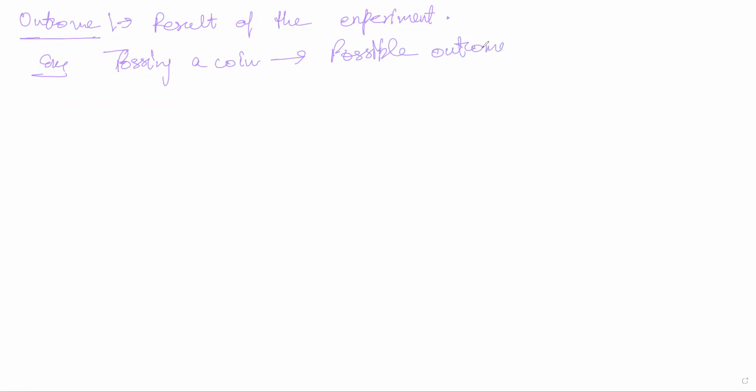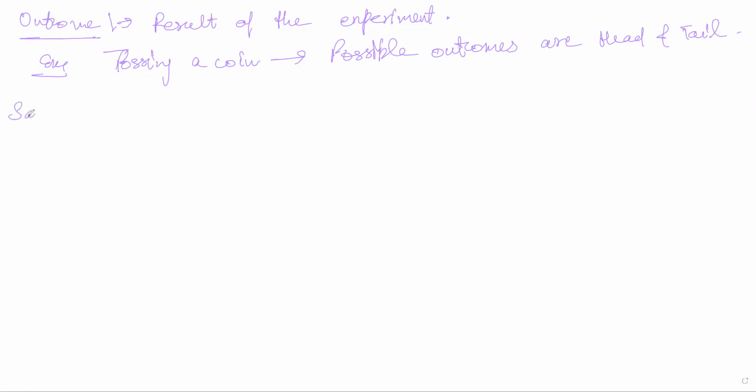Result of the experiment. जैसे कि आपने एक कॉइन टॉस करा, टॉसिंग अ कॉइन, पॉसिबल आउटकम्स आर हेड एंड टेल, यानी कि ये रिजल्ट हो सकते हैं. ये आउटकम्स, जो भी रिजल्ट होगा एक्सपेरिमेंट का वो एक आउटकम है. हेड इज आउटकम ऑफ द एक्सपेरिमेंट, टेल इज एन आउटकम ऑफ द एक्सपेरिमेंट, राइट?